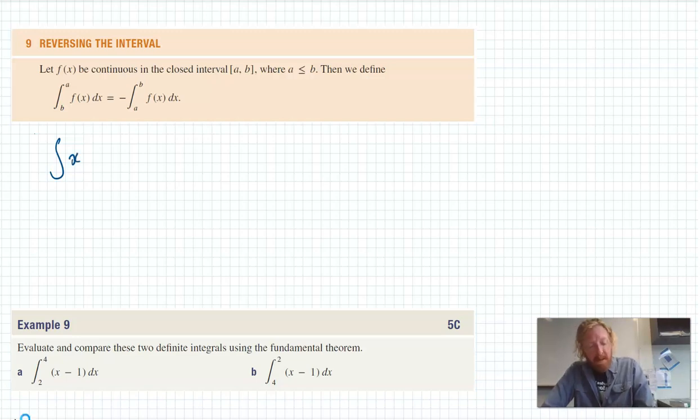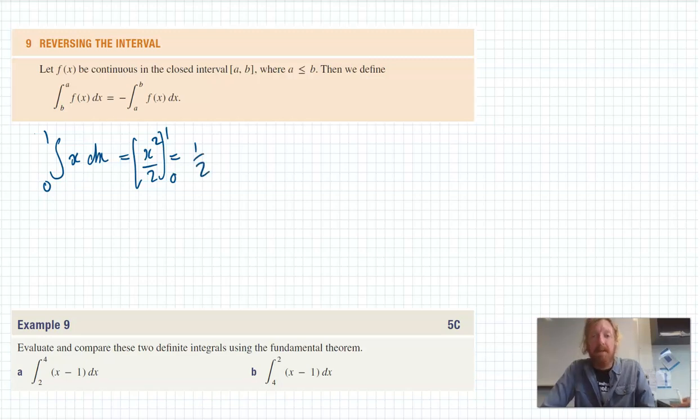Integral of x under the line y equals x, from 0 to 1. Pretty straightforward. X squared on 2 equals a half.